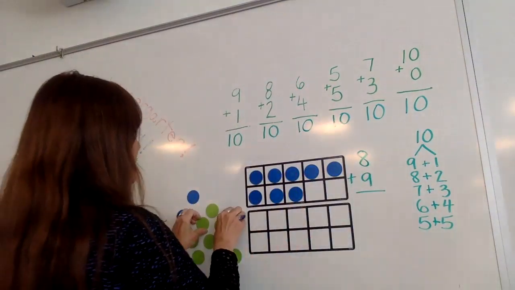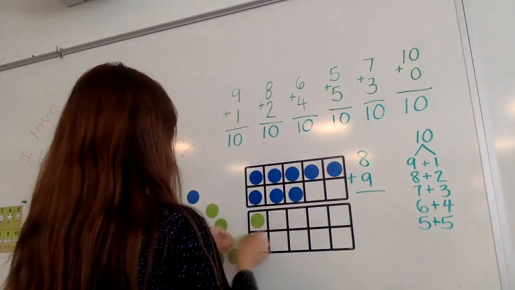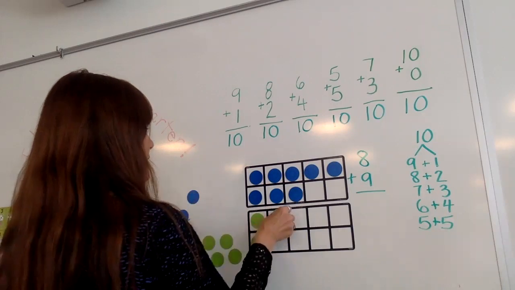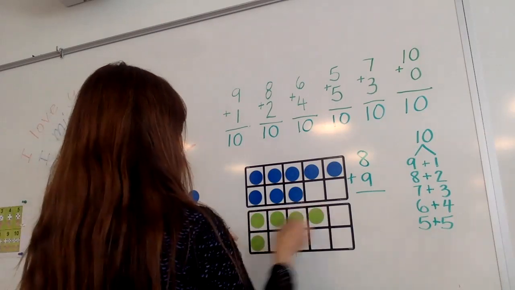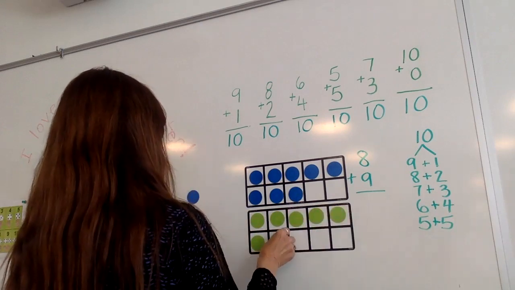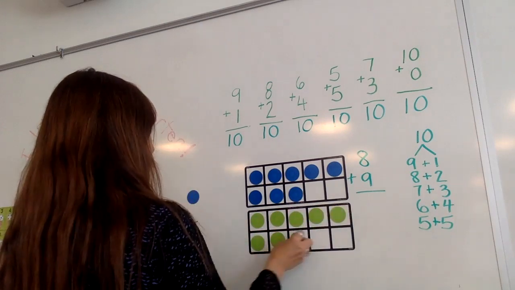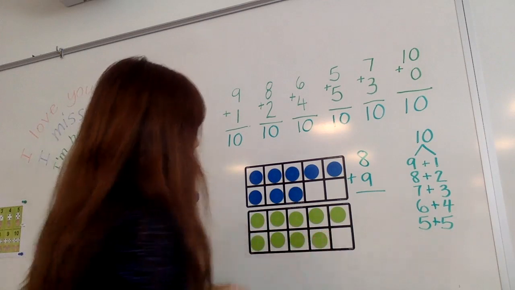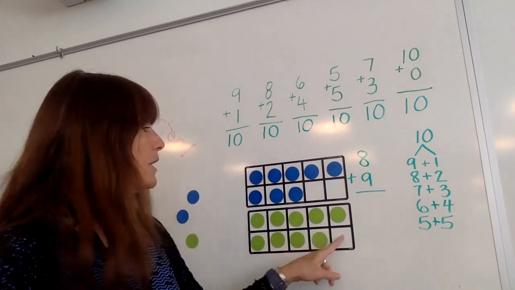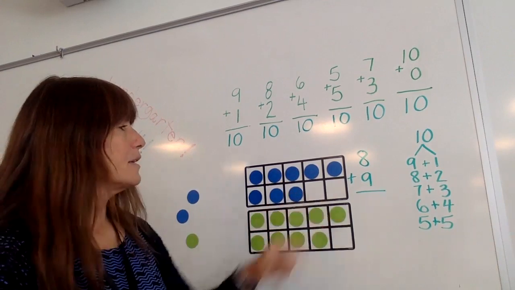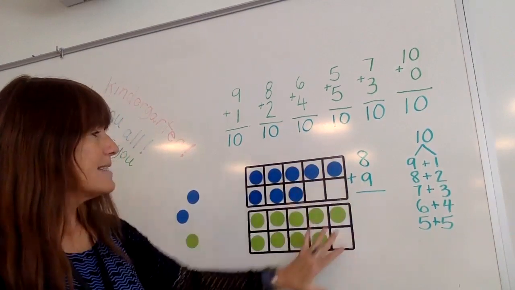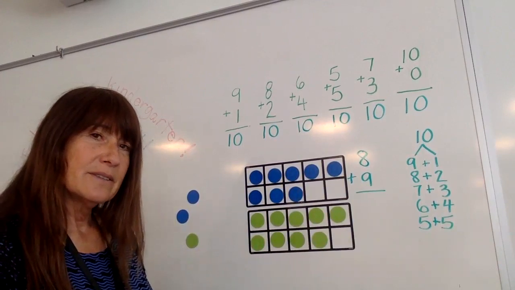Well, let's put the 9 down here. Okay, this is 9, isn't it? There's only 1 missing. This is 8. There's 2 missing. How many is that all together?